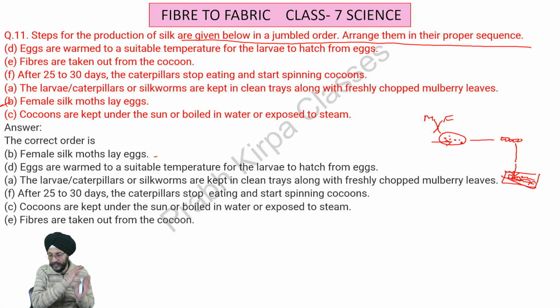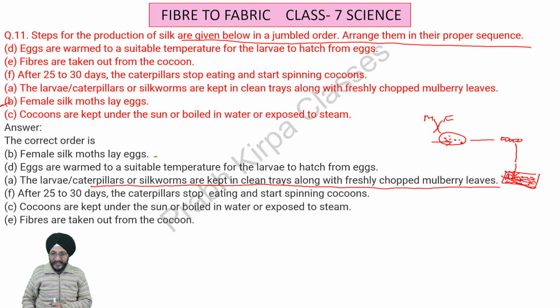As already shown in the previous figure, a proper place was shown where trays were kept in a proper shed, and in those trays mulberry leaves were kept. So this is the third step: larvae or caterpillars or silkworms are kept in clean trays with freshly chopped mulberry leaves.